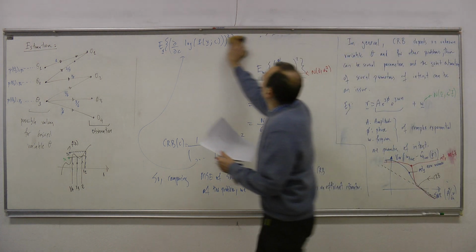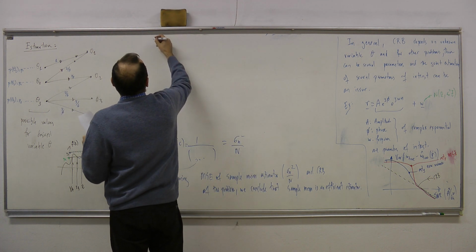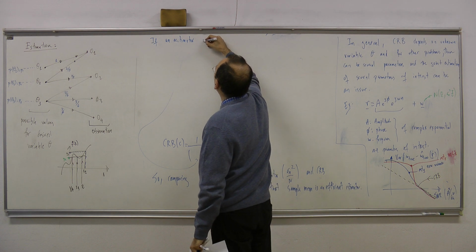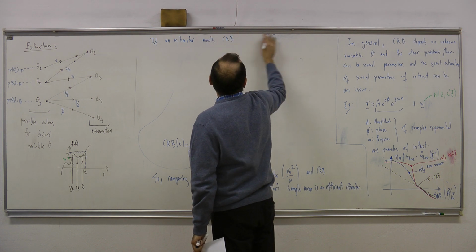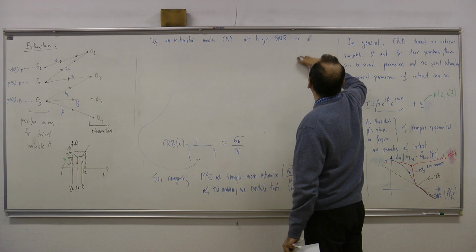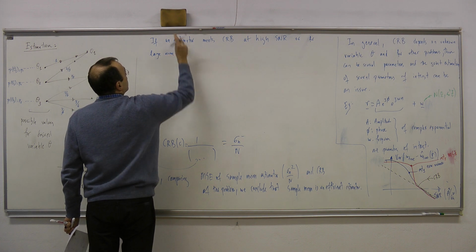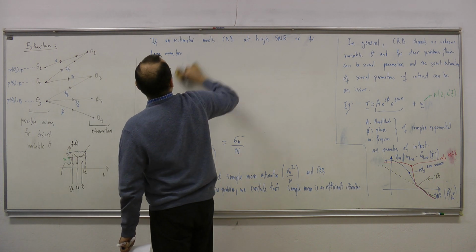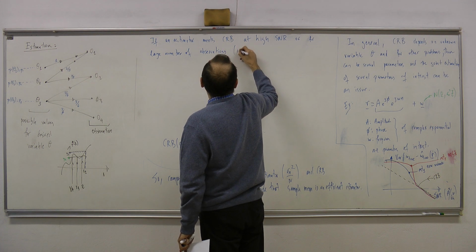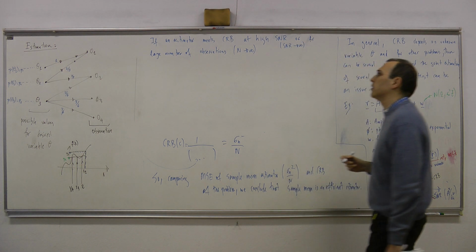Then we say that if an estimator, let's say, meets the Cramer-Rao bound at high SNR, or for a large number of observations, meaning that n goes to infinity, and high SNR means SNR goes to infinity. So I should define some SNR.